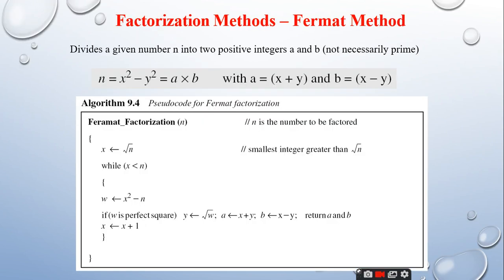So the next method which we are going to discuss is the Fermat method. You can see Fermat's method in many mathematics concepts that we use in cryptography. We have it in finding GCDs, and we have it in cryptographic algorithms.